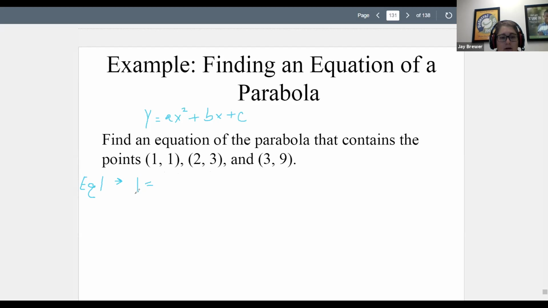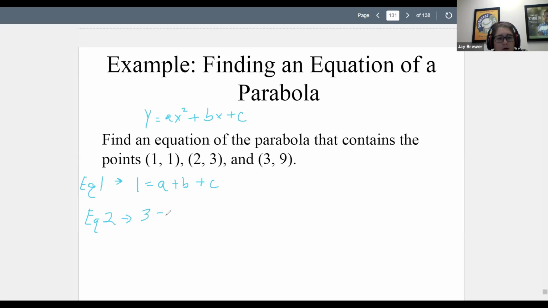So if we put in 1 for y, 1 squared is just what? 1. So we have a. 1 times b gives us b plus c. That's it for equation 1. Okay? Now we have to create equation 2. It's going to be a little bit grosser. So now you have to put in the point (2, 3).